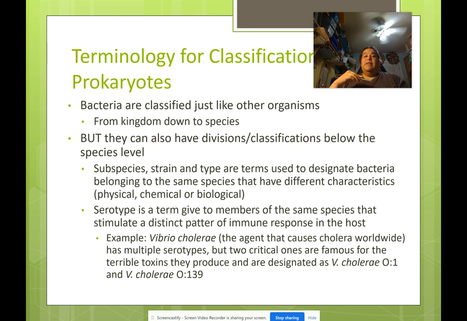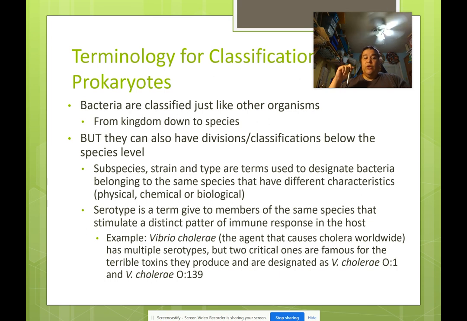We can call them the subspecies, the strain, or the type. These are terms used to designate bacteria belonging to the same species that have different characteristics, whether that's physical characteristics, chemical characteristics, or biological characteristics. Having a great time with English today.